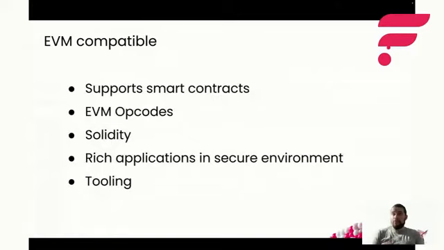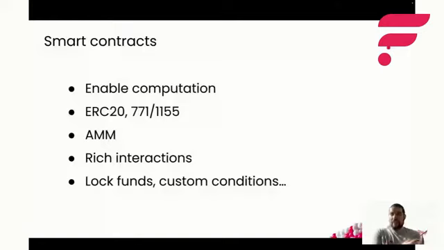Okay, so being EVM compatible means having smart contracts. But what this really means is that apart from, as said before, just sending funds, you can do some computations. You can compute on top of the chain, and since this is Turing complete, apart from the gas costs and the gas limits, you can do pretty much anything you want. There are no limits. If you can think of it, you can build it.